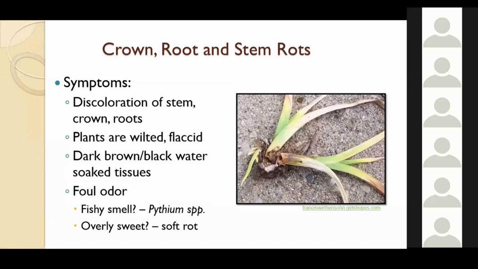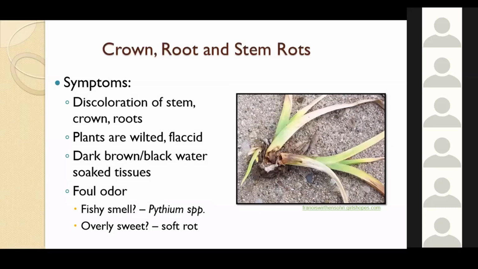And so just some general symptoms when we do have some sort of crown or stem rot is a discoloration of the plant. And as we look further up the plant towards the top portions, we may just see some general wilting, or the plants just look a little bit flaccid. They don't look healthy, but there's not actually an issue going on in the top part of the plants.